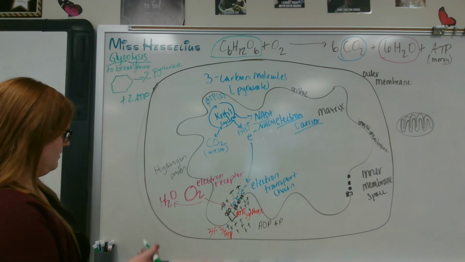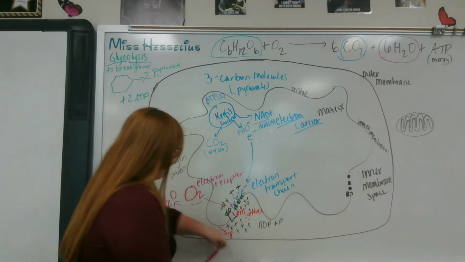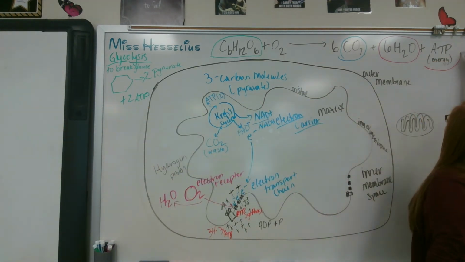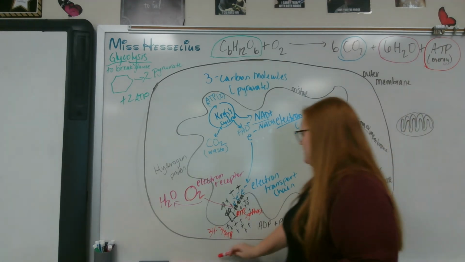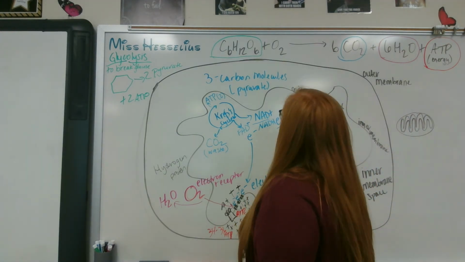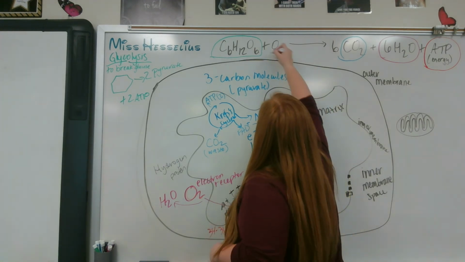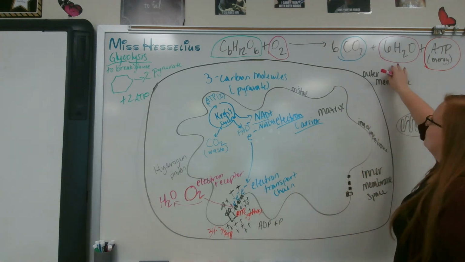Most of our ATP comes from ATP synthase, where we make the most ATP, so like 34 ATP pretty much. Then we use our oxygen as an electron receptor in this step, which I forgot to circle, where we also make the water from our reaction.